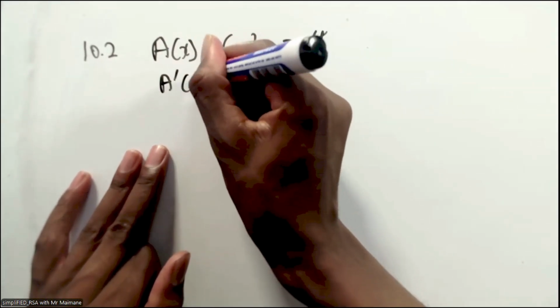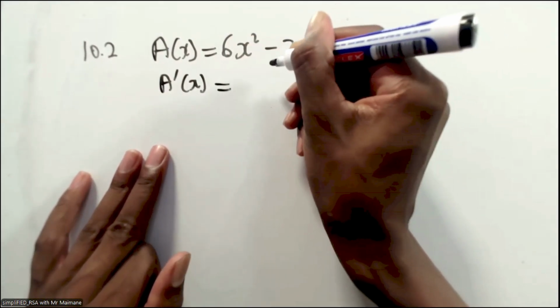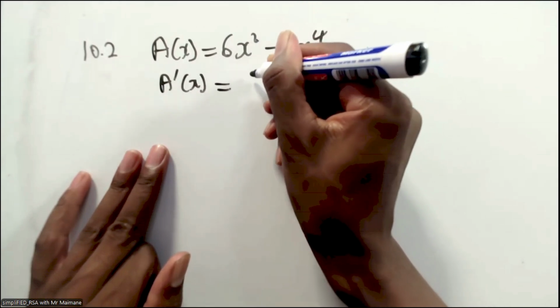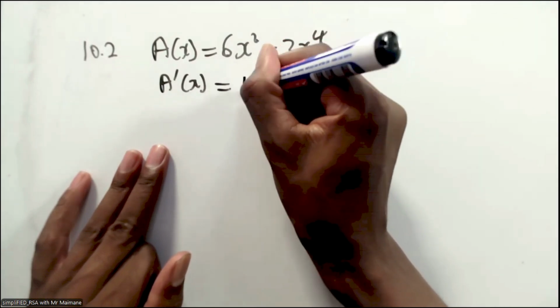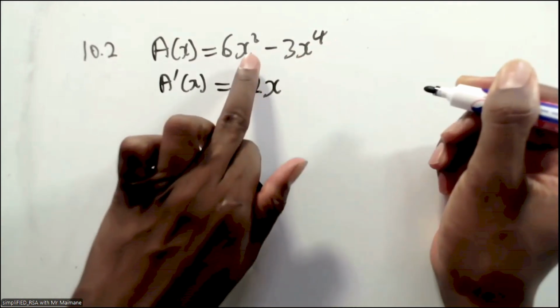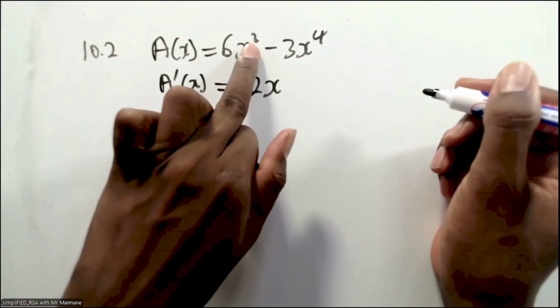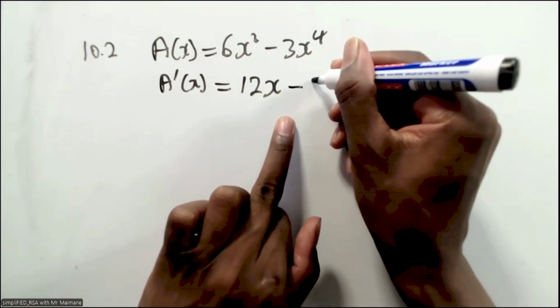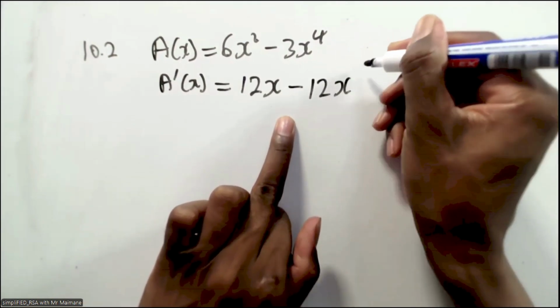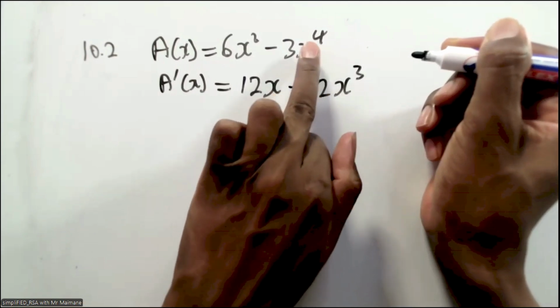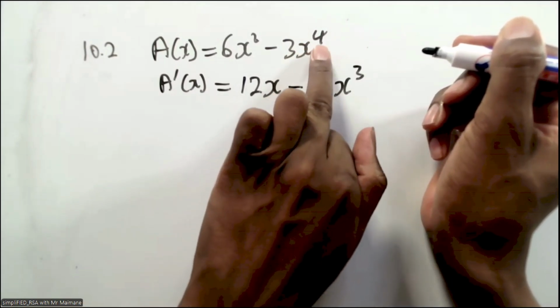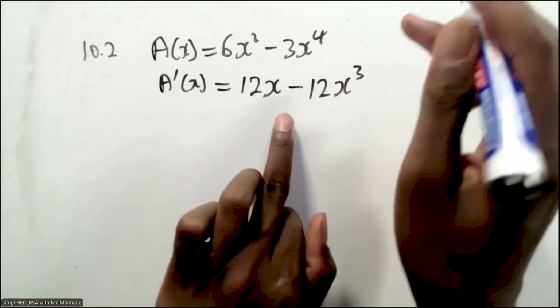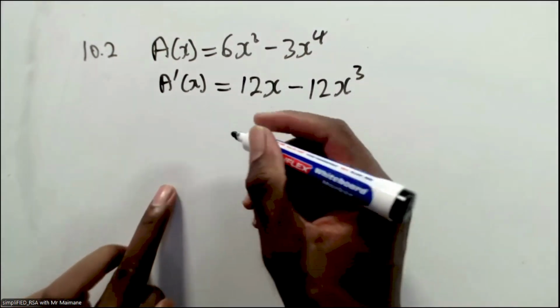So I'll have A prime x is equal to, if I differentiate this, it's going to be 12x, because it's 6 times 2 and then 2 minus 1. Therefore, for this one, it's going to be minus 12x to the exponent 3, because it's 4 times 3 as well as 4 minus 1, the exponents, and then we get this expression here.